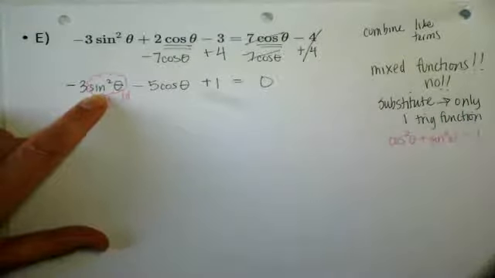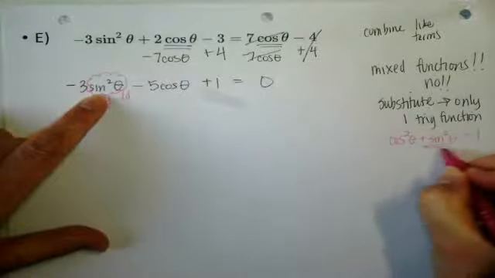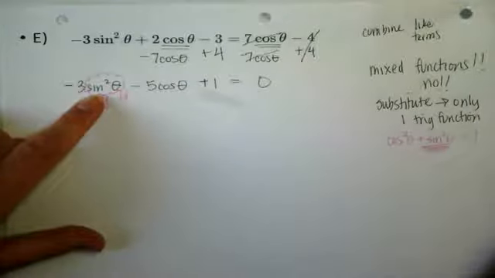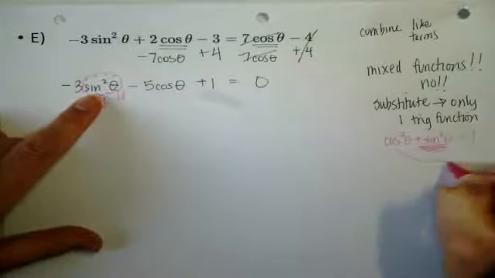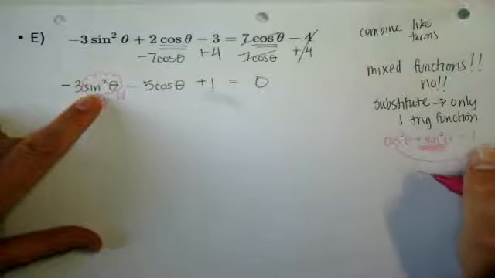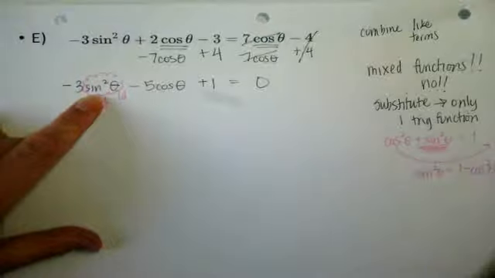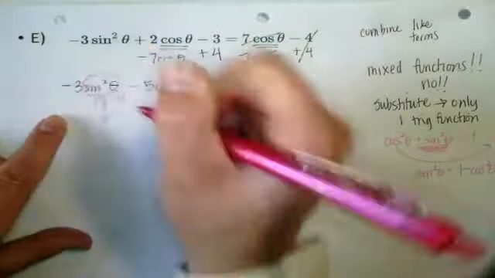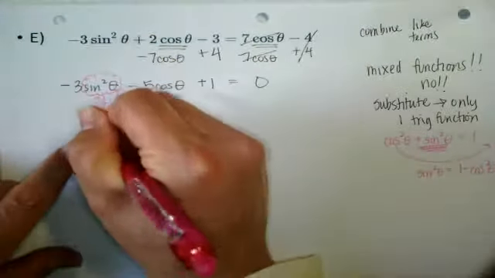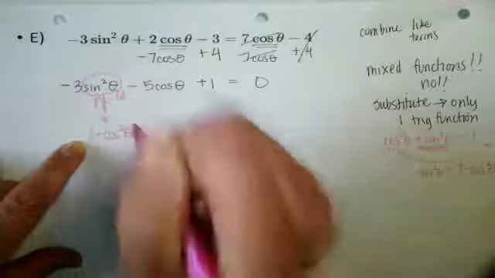That's my Pythagorean identity. So what can I replace sine squared theta with? Move over the other term. Sine squared theta is equal to 1 minus cosine squared theta. So I can replace sine squared theta with 1 minus cosine squared theta.